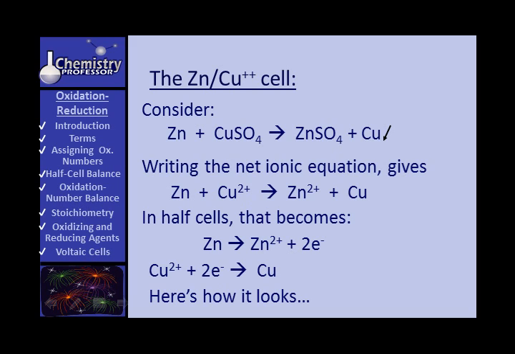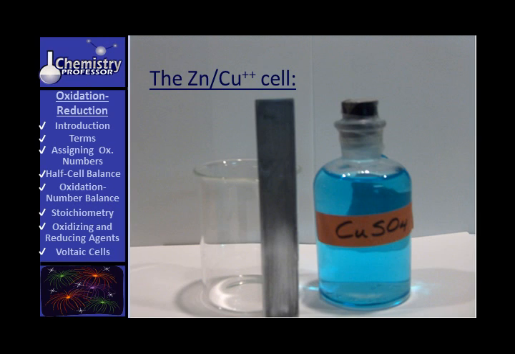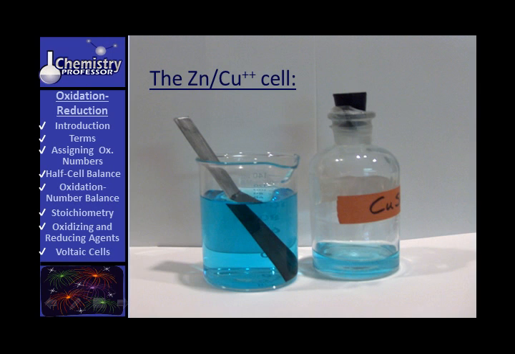But here's how it's going to look. We have cupric sulfate, we have a zinc bar and a beaker. We take the cupric sulfate and put it into a beaker, and we put in our zinc bar. And notice, it almost immediately changes colors.